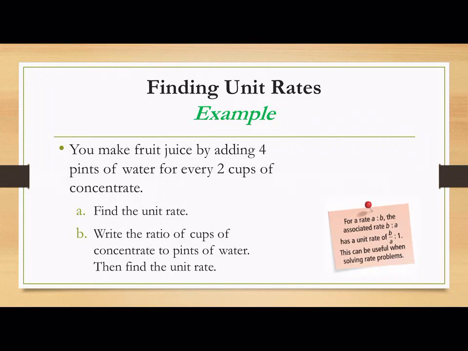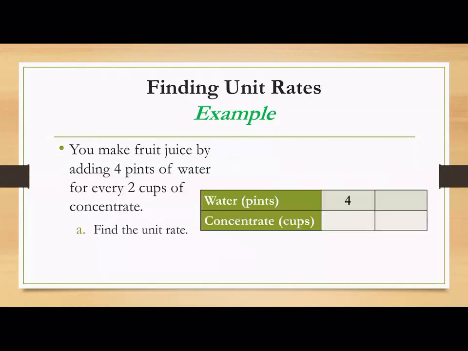The most common one I can think of is those little pouches that you pour the powder into your drink and you shake it, and you've got like Crystal Light or Kool-Aid or things like that. That powder is concentrate, right? If you just put that directly on your tongue, it'd be really strong flavor because it's kind of focused flavoring. So for this, it says we're making fruit juice by adding 4 pints of water for every 2 cups of concentrate. It says find the unit rate.